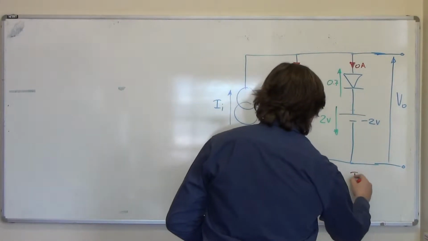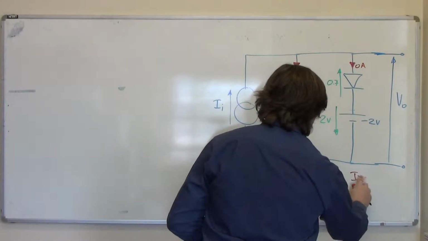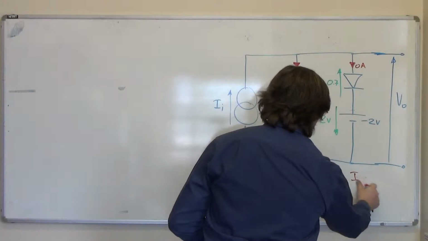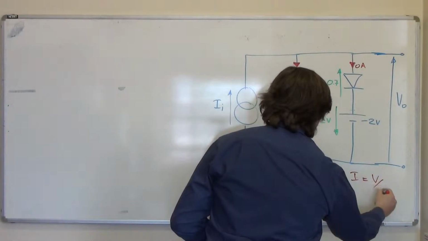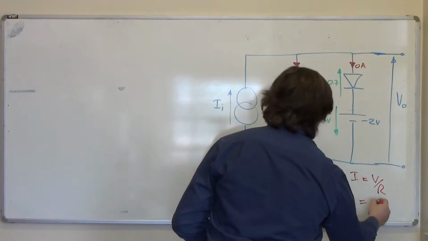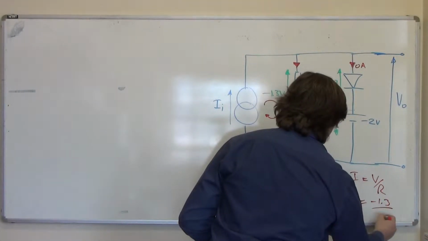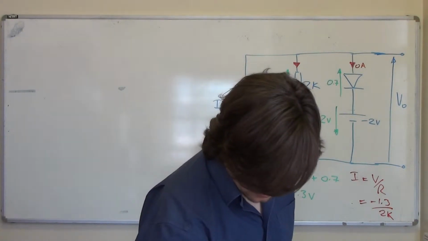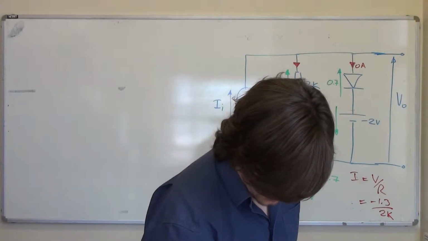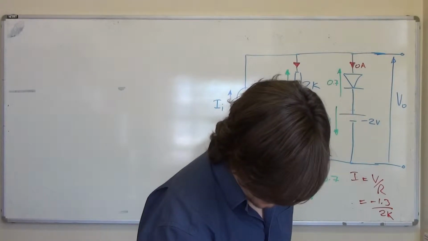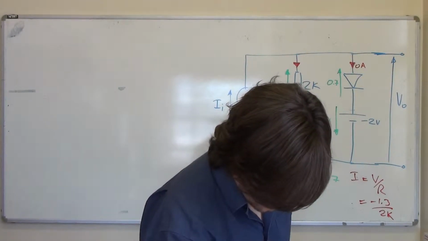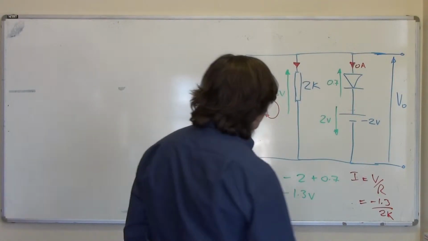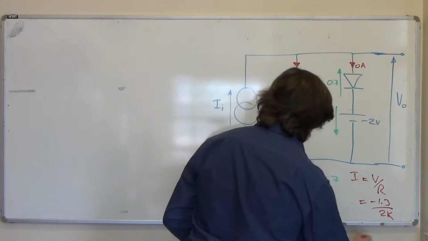So we'll say I is V upon R, which is minus 1.3 over 2K, and that will be minus 1.3 divided by 2E3, minus 0.65 milliamps.